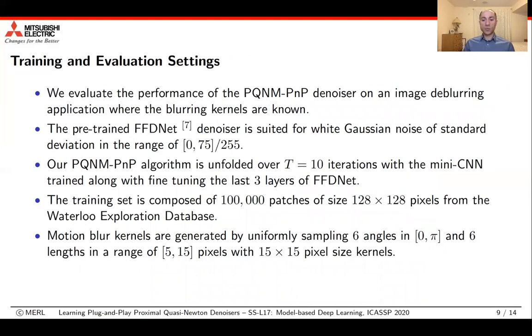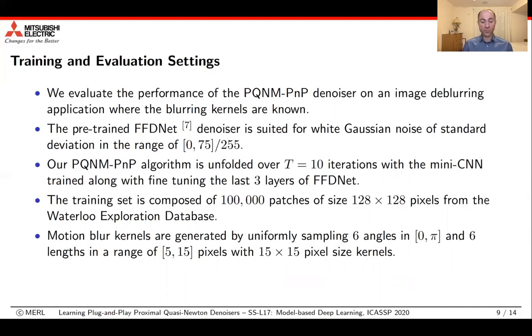So just to give you a quick idea of what were the training and evaluation settings, basically we used the pre-trained FFDNet denoiser. As I mentioned, we unfolded over 10 iterations, and then in addition to computing the parameters of the mini CNN for the noise estimator network, we also fine-tuned the last 3 layers of FFDNet.